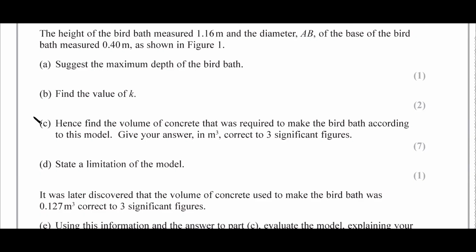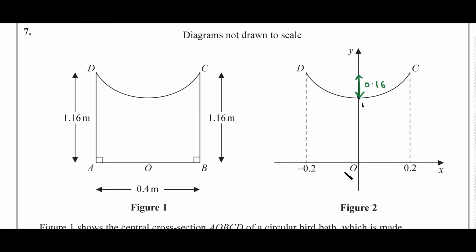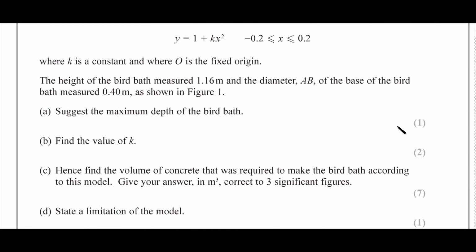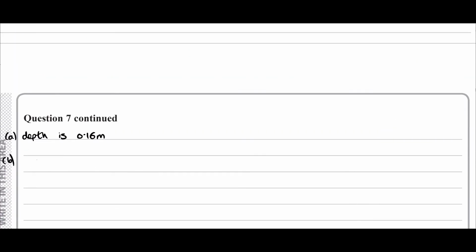For part B, we have to find the value of k. When x is equal to 0.2, y is equal to 1.16. So let's write down those conditions: x equals 0.2, y equals 1.16. Using these conditions, we have 1.16 equals 1 plus k lots of 0.2 squared.